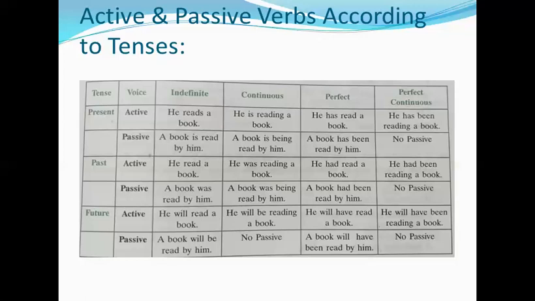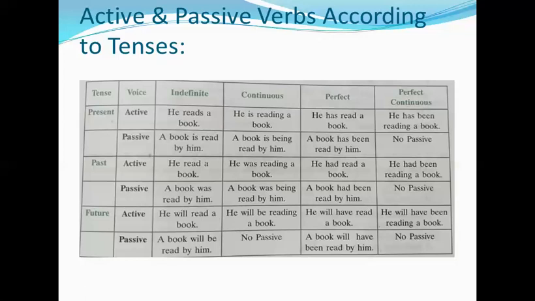In past continuous, if a sentence is, he was reading a book, it will change into, a book was being read by him. In past perfect tense, if a sentence is, he had read a book, the passive sentence will be, a book had been read by him. No passive sentence will be made in any perfect continuous tenses.